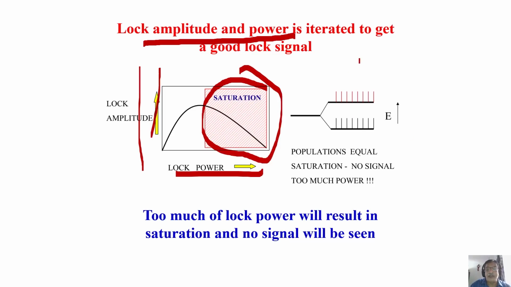That means the spin populations of this deuterium signal are equal. You will not see the signal. So any amount of lock power you give, after some time you will not see the signal at all. It gets saturated. So don't use too much lock power or too much lock amplitude, else the signal gets saturated. That's very important.